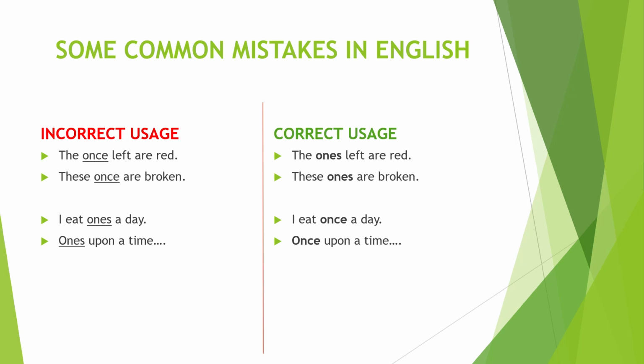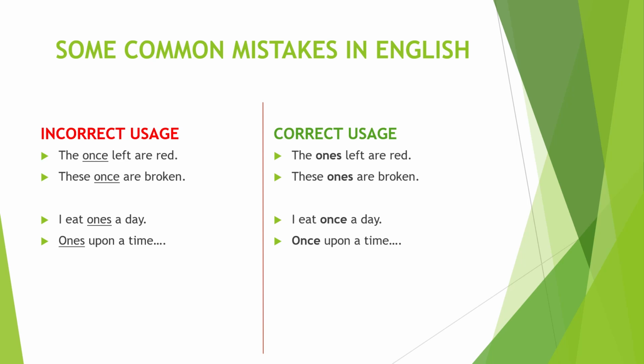The last sentence on our screen: once upon a time. So here again, we can't use O-N-E-S, but O-N-C-E. Great. Hope you are grasping what we are learning today in this video.